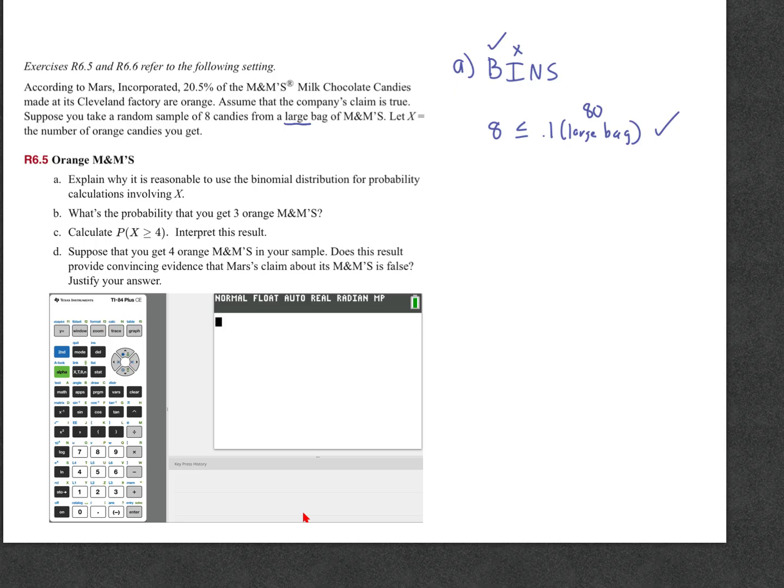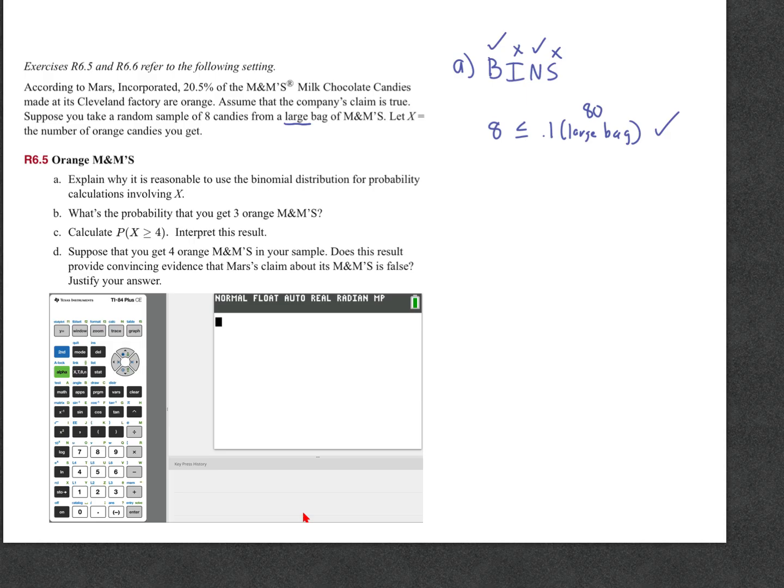Okay, and then go to the B and N of BINS. Is there a fixed number of trials? Yes, the sample size is the number of trials, so that's 8. And it's not the same probability every time, but passing the 10% condition accounts for that, making it approximately the same probability every time. That's why it's reasonable to assume a binomial distribution: it doesn't technically pass all of BINS, but it passed the B and N, which it always has to pass.